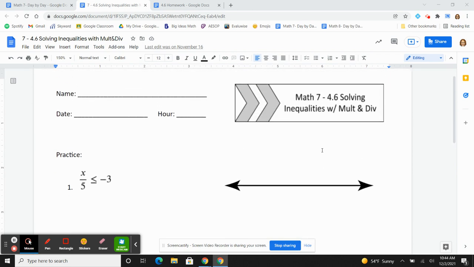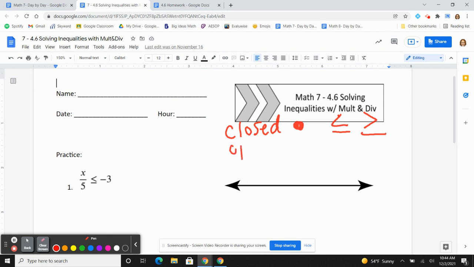Okay, really quick. Can someone remind me, when do I use a closed circle on my graph? Jeffrey? When it's not equal to, and it just wants it greater than. When it is equal to, you use a closed circle. So when your sign has the line at the bottom, like that, that's when you use a closed circle on your graph.